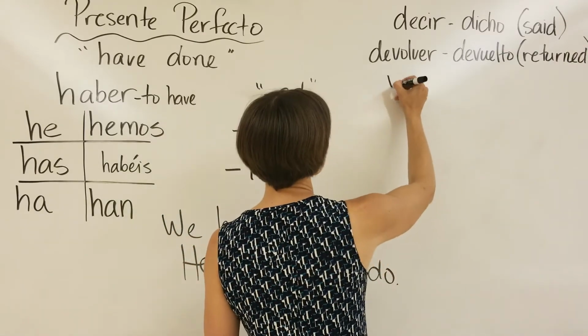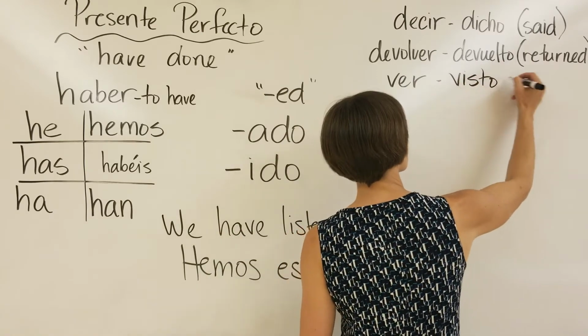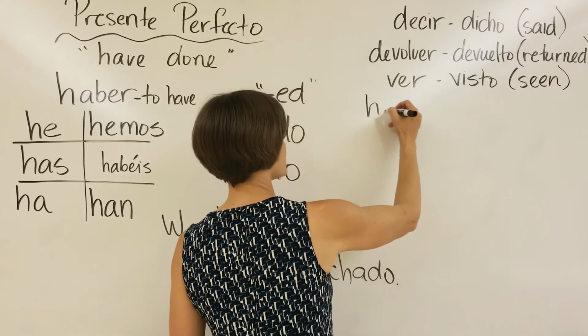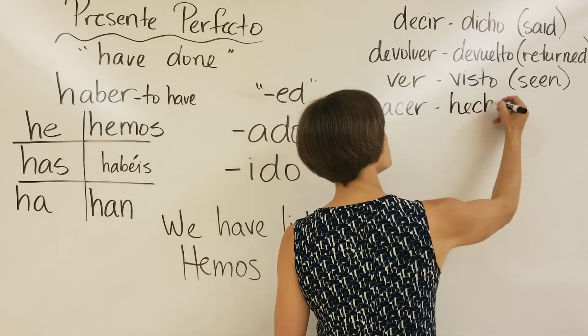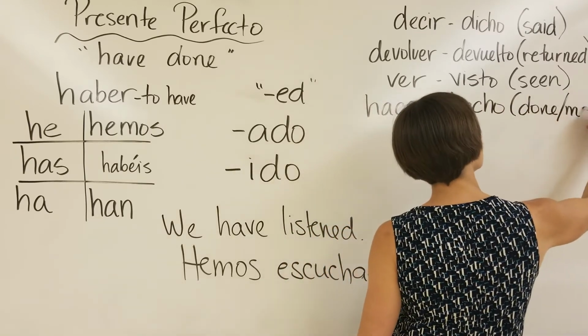We've got the word ver, becomes visto, which means seen. Hacer becomes hecho, which means done or made.